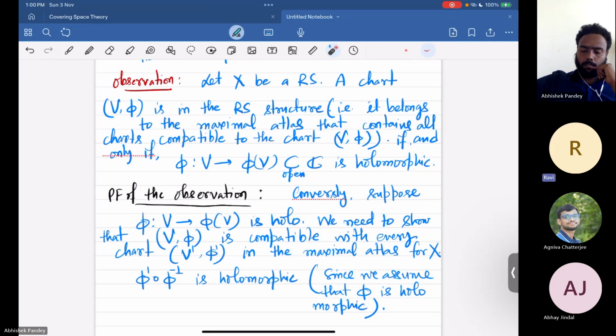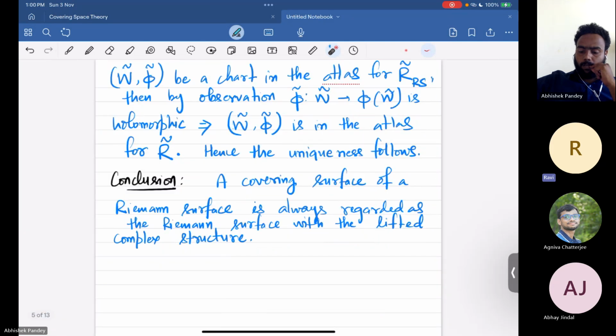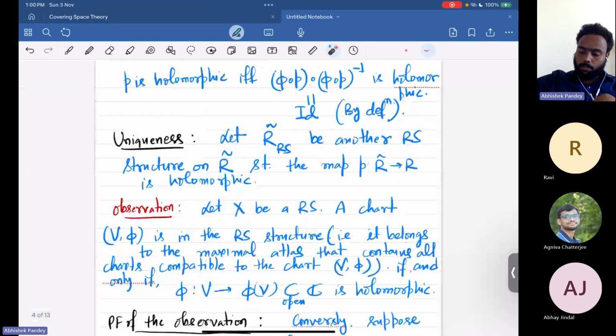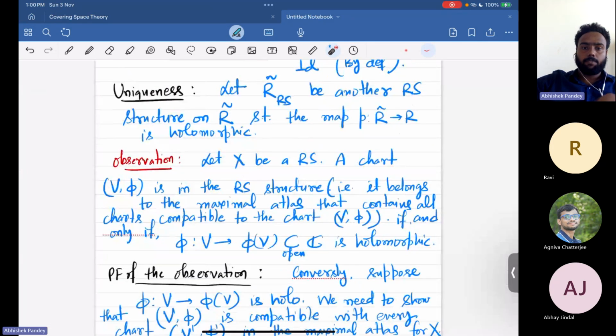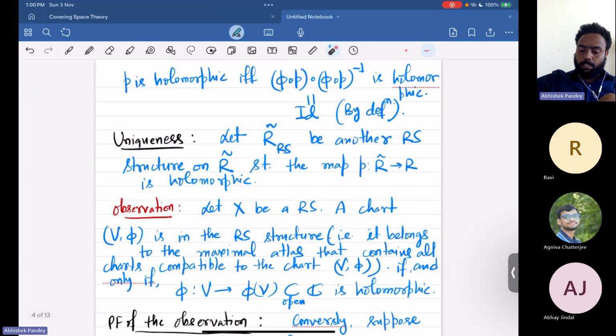Exactly. But now you prove, using this observation, something where you have two atlases, R tilde RS and R tilde. Basically, this is just an observation for any arbitrary Riemann surface. Now we are proving the uniqueness on this R tilde.